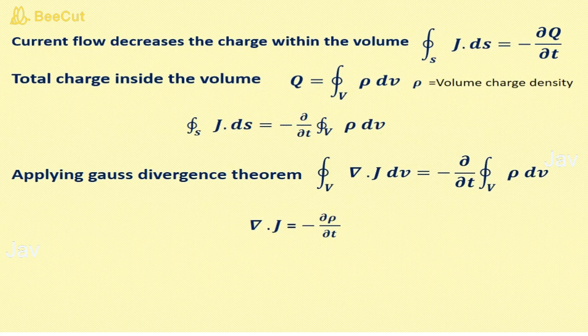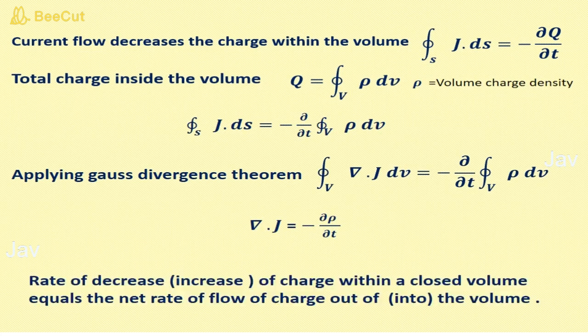That is, the rate of decrease of charge within a closed volume equals the net rate of flow of charge out of the volume, or the rate of increase of charge within a closed volume equals the net rate of flow of charge into the volume, which is called the equation of continuity.